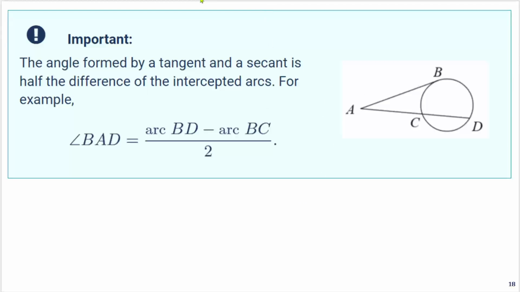Again, please write this down in a notebook. The angle formed by a tangent and a secant is half of the difference of the intercepted arcs. For example, in the diagram on the right, we have angle BAD equals (arc BD minus arc BC) over 2.